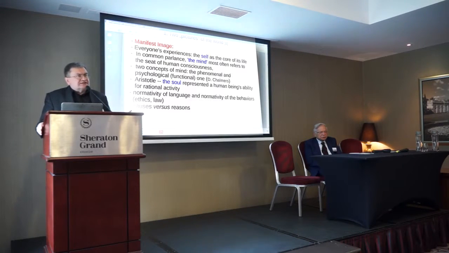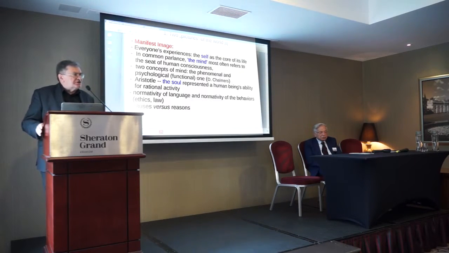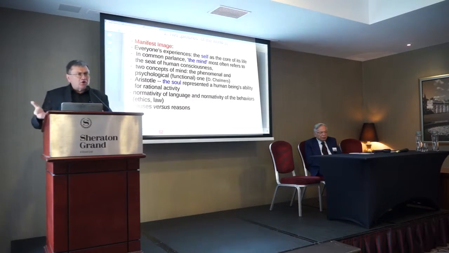And there is also the next difference between causes and reasons. Causes, more or less, are in the scientific image of the world. We are looking for the causes of this or that event, and the reasons, motivation, and so on, are more or less the argumentation in this manifest world. And Sellars said there should be a stereoscopic vision of the world, that we should put them together in some way.